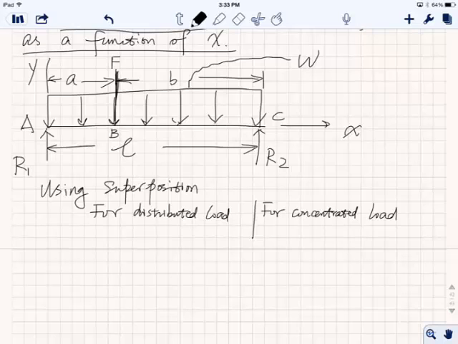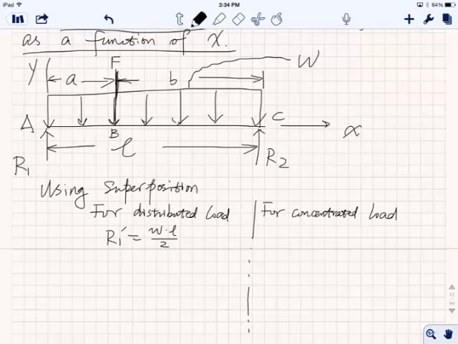Okay, so when you have a distributed load, let's say R1 prime is just equal to w times L divided by 2. w is the distributed load density, w newtons per meter.